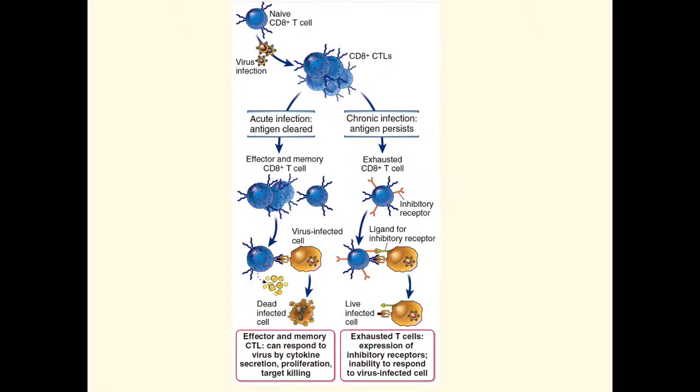Here you can see that normally, when there's an acute infection, those CD8 T cells are activated, and they respond by proliferation and differentiation into antigen-specific T cells, and this leads to target killing. Target means any virus-containing cells will be killed, but some viruses express other proteins that lead to evasion of the immune system, and therefore we have a chronic infection.